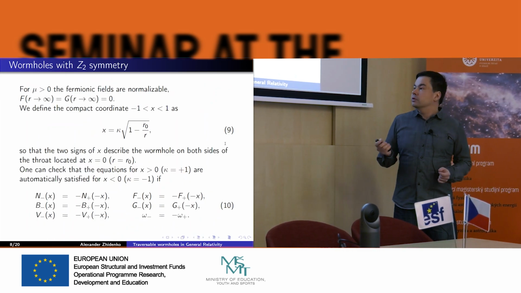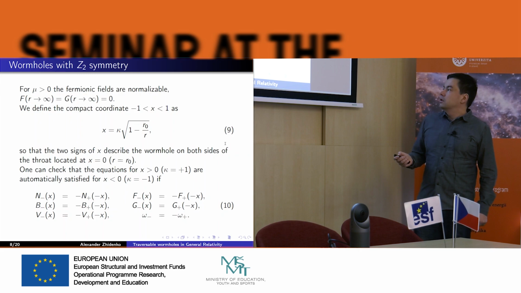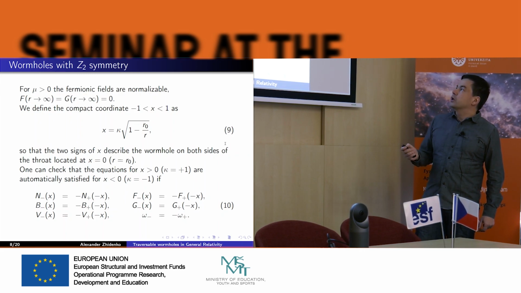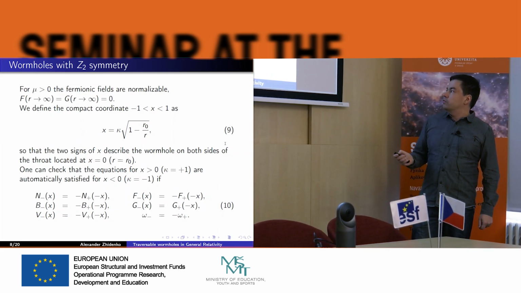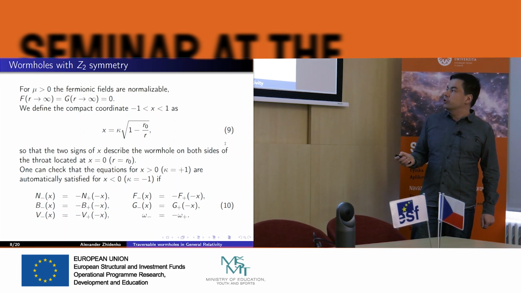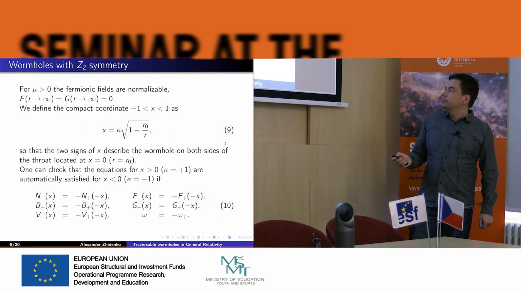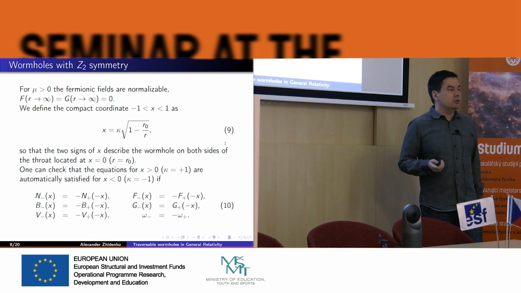Of course, we don't have the analytic solution in this case, but numerically we can find that if we solve the equation in one part for the non-zero mass, and do this kind of match at the throat at x equal to 0, we have smooth metric functions and electric field, and we have discontinuity in the fermion. So this first problem with the discontinuity remains.